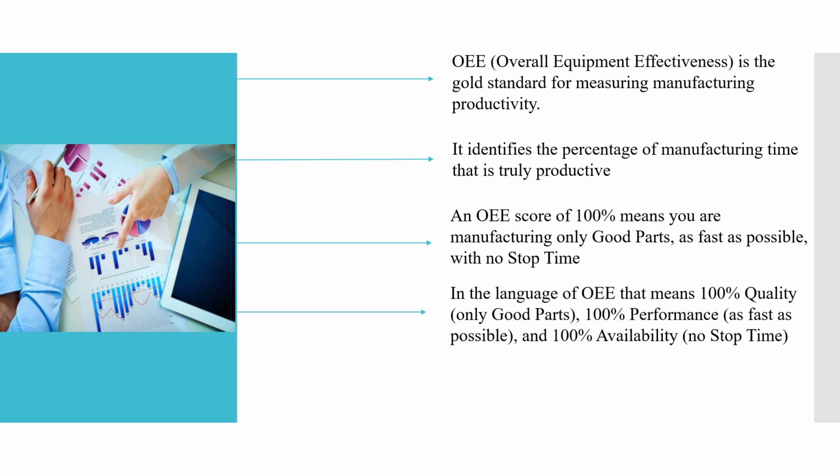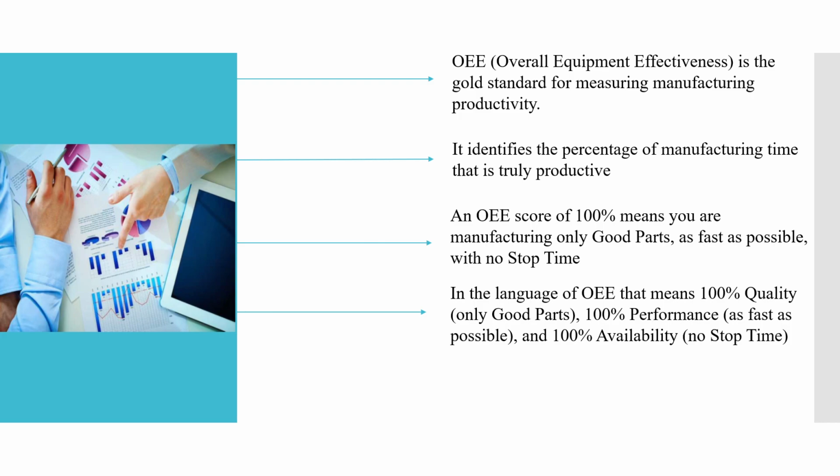In other words, OEE means 100% quality. As I already explained, good parts means 100% quality, as fast as possible means 100% performance, and with no stop time means 100% availability. So basically, OEE deals with these 3 important factors: quality, performance, and availability.